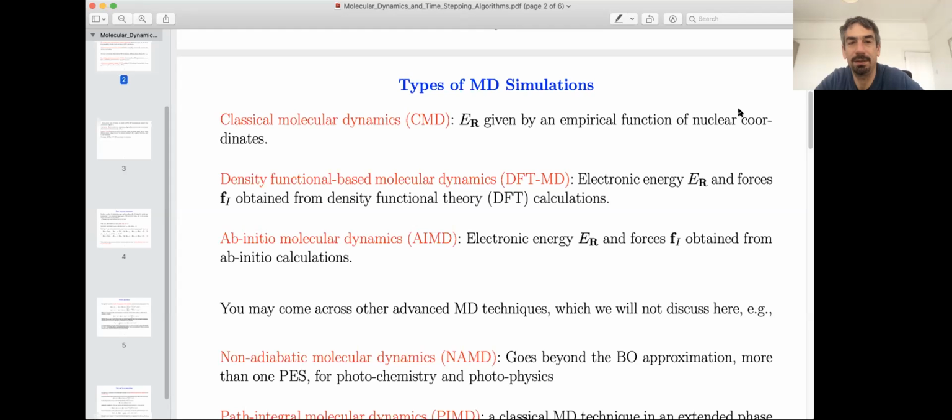Now, classical here does not refer to the motion of the nuclei, which are always classical. It also refers to the fact that the forces that I was just talking about that you need for the time stepping here don't come from explicit electronic structure calculations, like, for instance, DFT. They come from a force field.